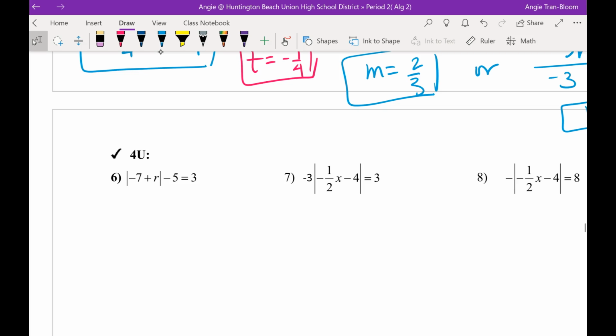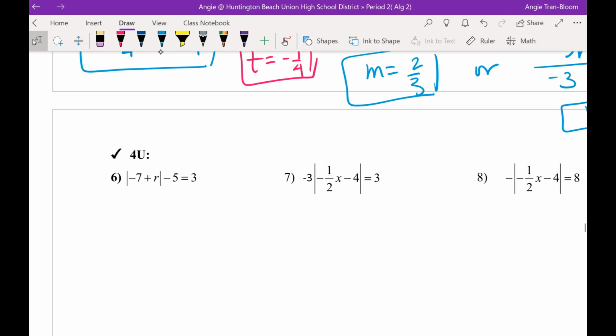Absolute value of -8 is 8, times the negative in the front. -8 equals 8. Can I keep it? No. All right, -24.